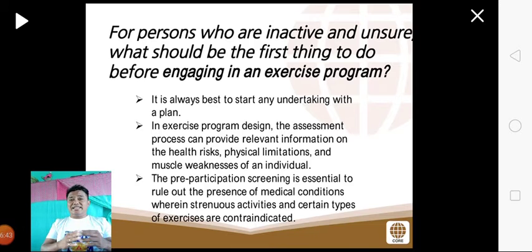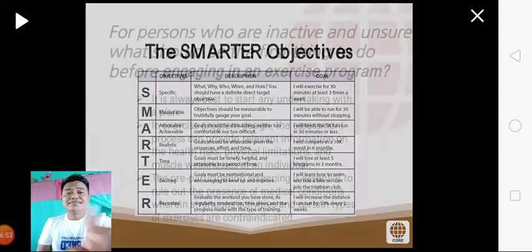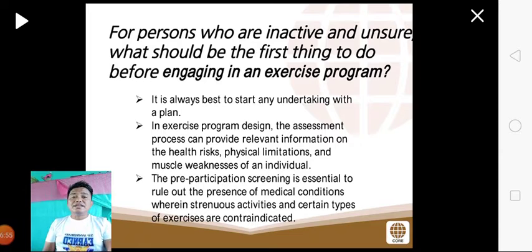In exercise program design, the assessment process can provide relevant information on the health risks, physical limitations, and muscle weaknesses of an individual. Dapat kabalo ka sa imong capacity.